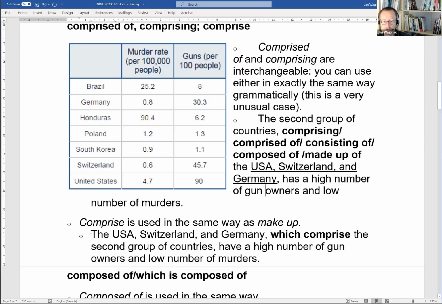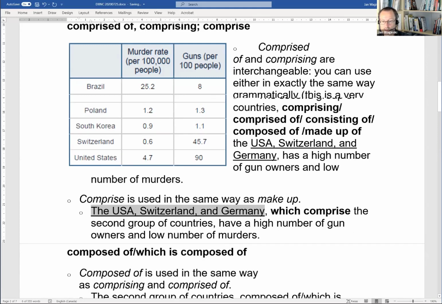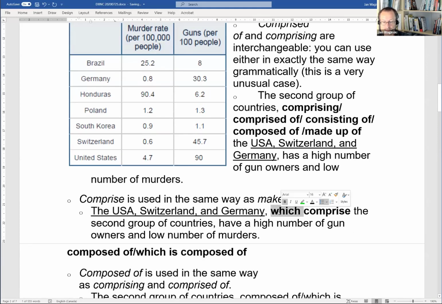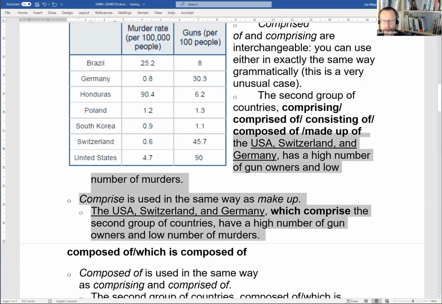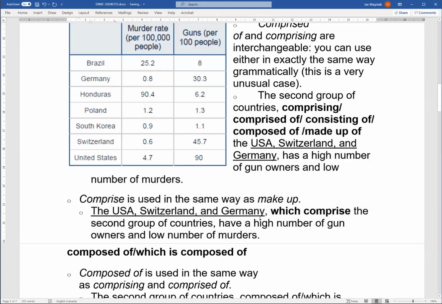But here, we've got USA, Switzerland, and Germany on this side as the subject, which comprise the second group of countries, have a high number of gun owners and low number of murders. So it's exactly the same idea as in the previous sentence, but it's flipped around.